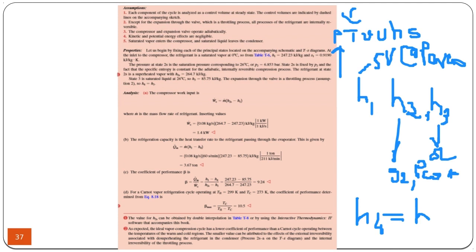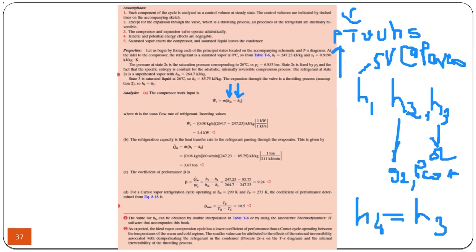Now we can calculate the Q absorbed in the evaporator, Q rejected in the condenser, and work necessary to be delivered to the compressor. So we have first the compressor work to be calculated. These are the values taken from the table, and the compressor requires 1.4 kilowatts.